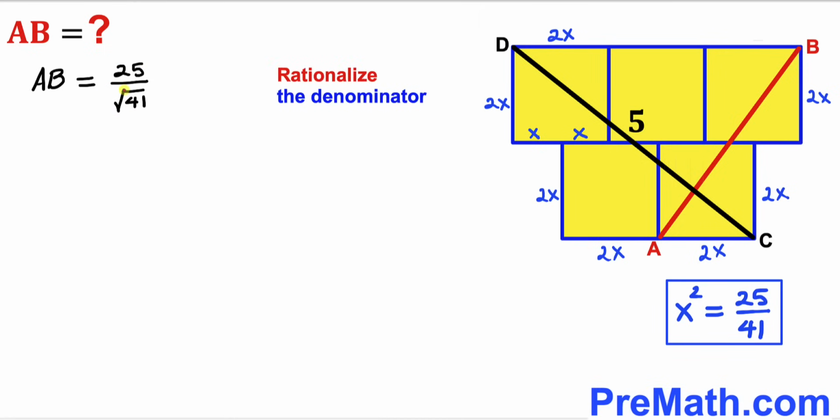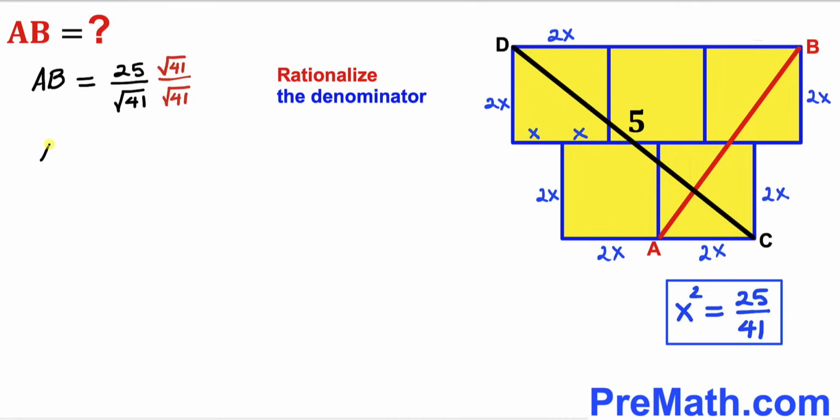And now we are going to rationalize this denominator by multiplying and dividing by square root of 41 at the very same time. And here we can see at the denominator, square root of 41 times square root of 41 gives us simply 41.